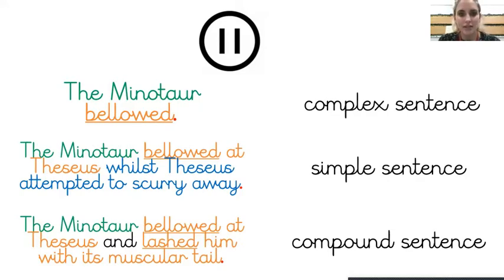Here you can see three different sentences. They are all different types. You need to decide which one is a complex sentence, which one is a simple sentence, and which one is a compound sentence, using what you know. Pause the screen and talk about which sentences are each type.